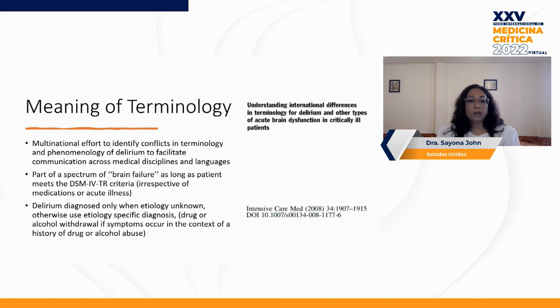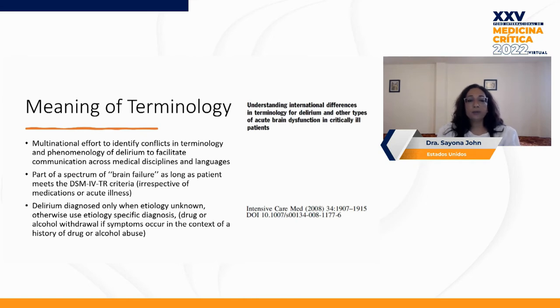And some physicians were using the diagnosis delirium entirely based on the DSM criteria for delirium. As long as the patient met those criteria, then they called the patient as being delirious, while others only diagnosed it when the etiology was unknown.